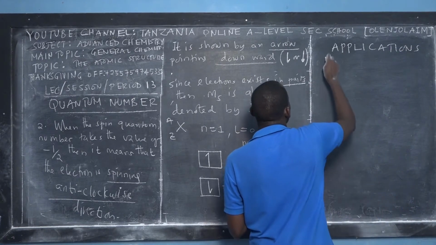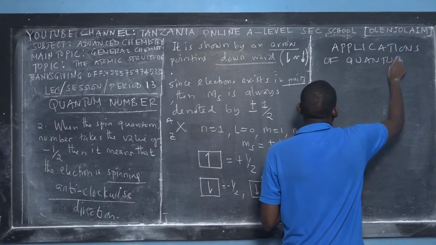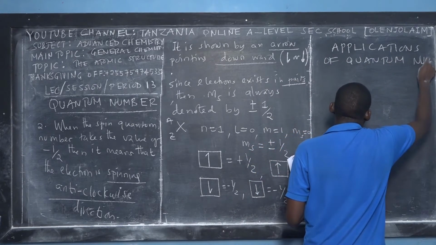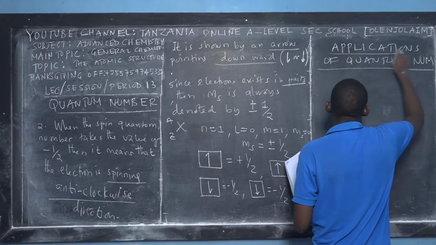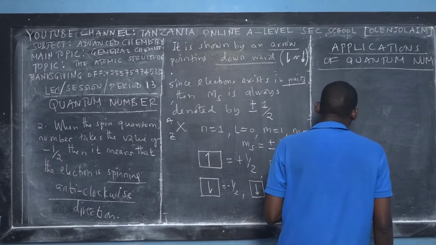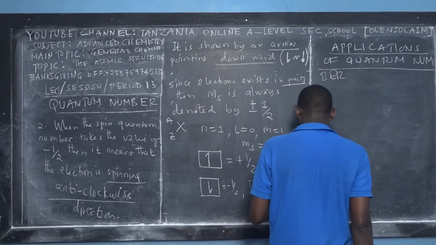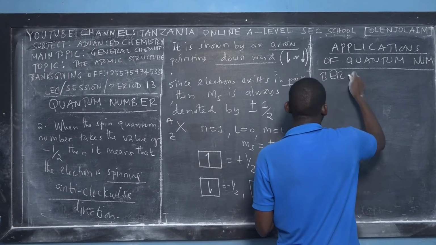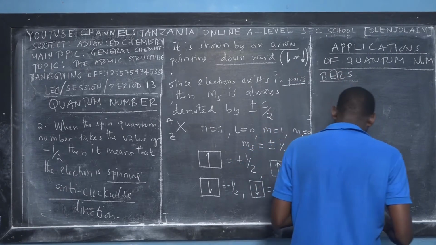I taught you applications of quantum numbers separately, meaning applications of the principal quantum number and of the subsidiary quantum number. Now we want to teach the applications of quantum numbers in general, all the 4 quantum numbers.